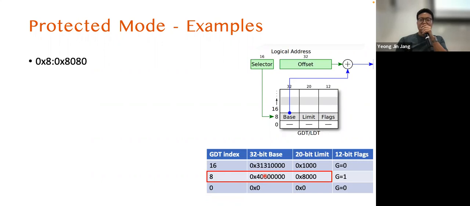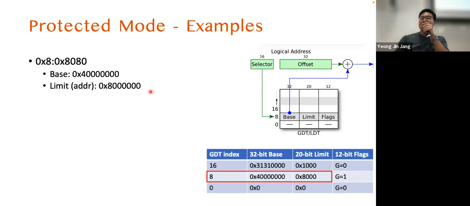And then it will fetch the base address. So the base address is this one, and then it will add the offset, but it will first check the limit address. So the limit address is 8000, but because the G bit is 1, we add 3 more zeros. So its limit is quite huge.